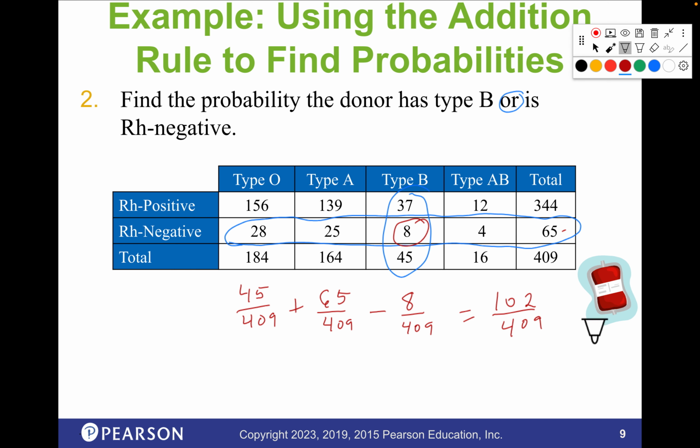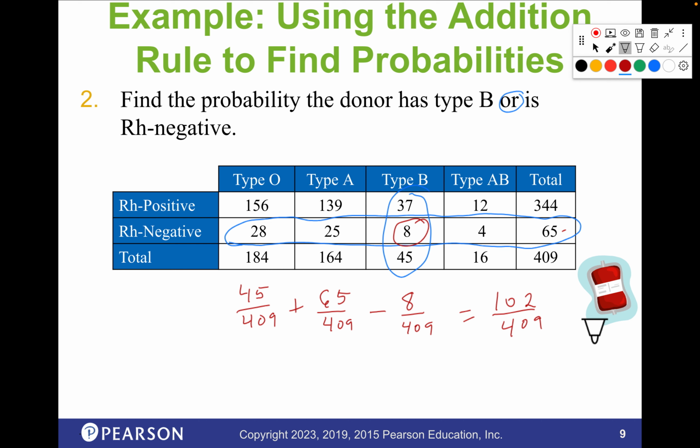Okay, so with tables, it's generally fairly easy to see whether they're mutually exclusive or not, depending upon what they're asking for, whether we're going with all columns or all rows. If we go with a column and a row, we always have that overlap, that piece in the middle. Okay, so again, the mathematics of it is easy.